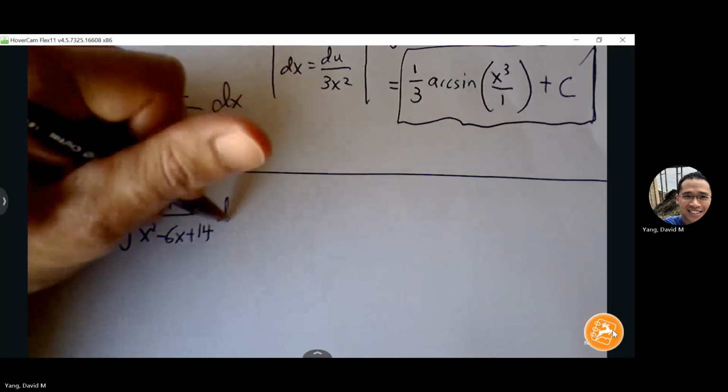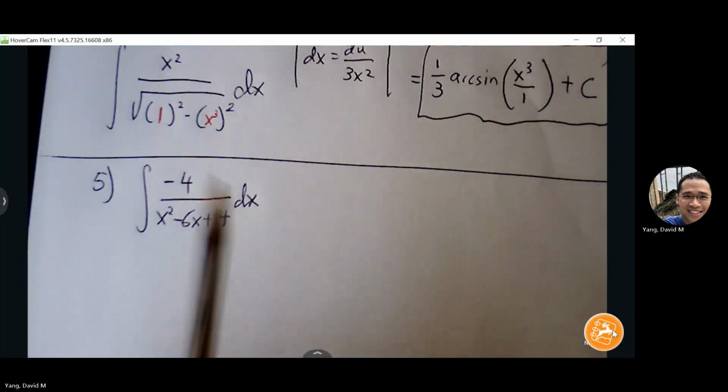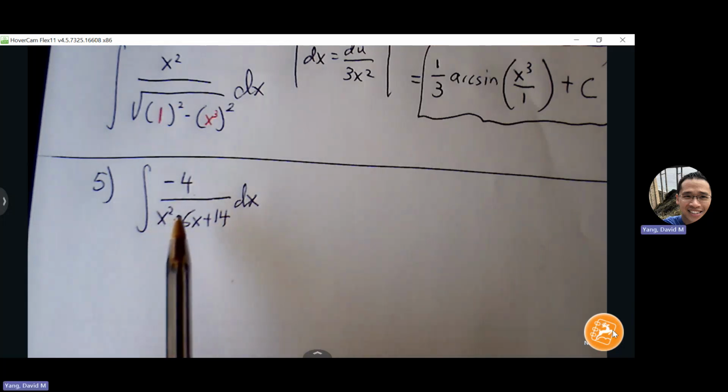Okay, number 5, first off, we can't do expansion, right? We can't just rely on power rule. Too many terms in the denominator. How do we know this is our trig as well? Yeah, degree 0, degree 2. Not only is there a gap, it's the gap in the right places.